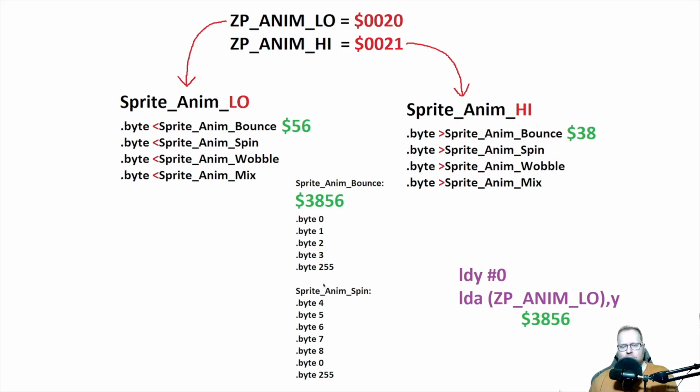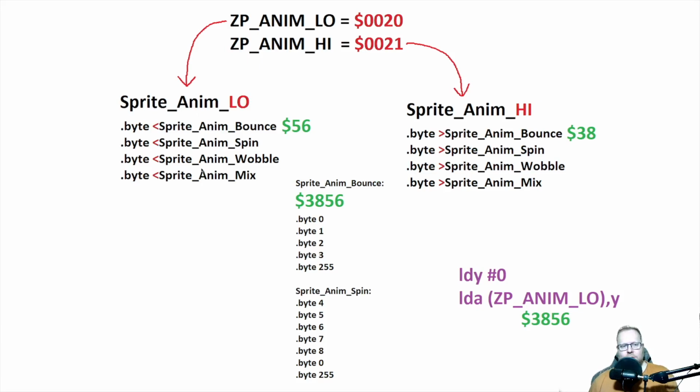I don't want to write LDA sprite anim spin, comma X or whatever, because I have several tables like that. So in order to make this as dynamic as possible, we need to have tables of tables, right? We need to have these extra tables so that we can dynamically address another table.